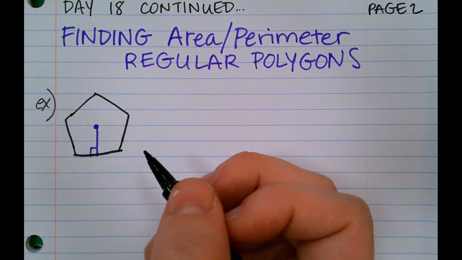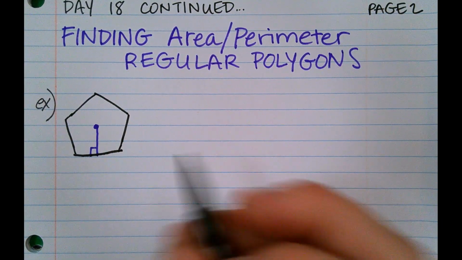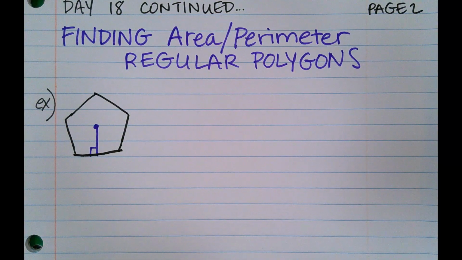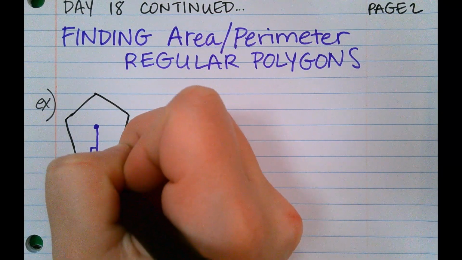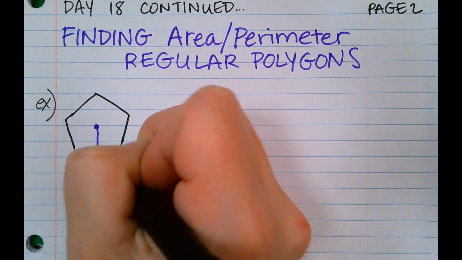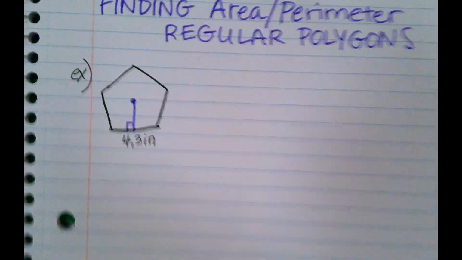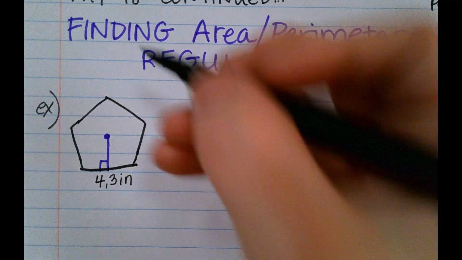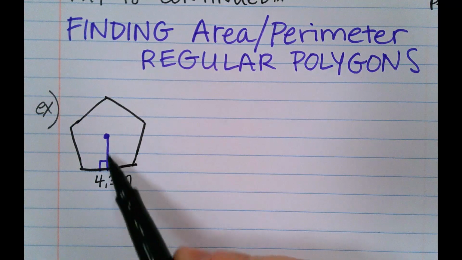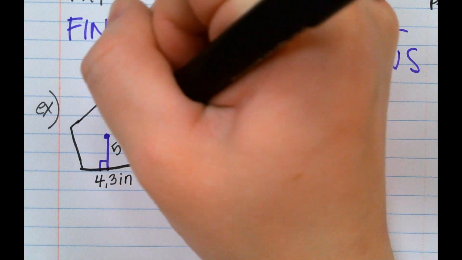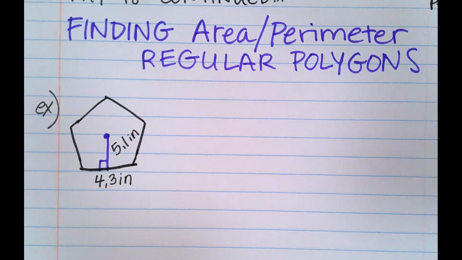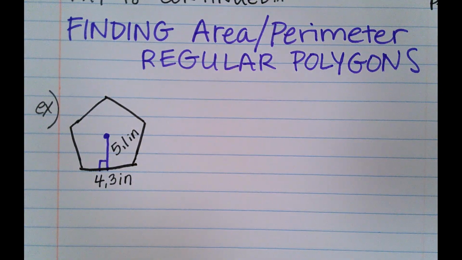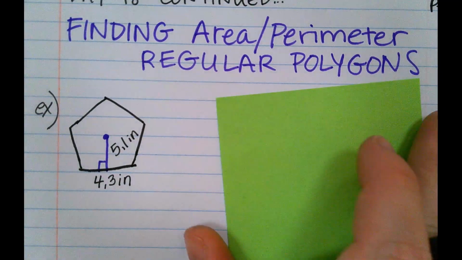Let's say this is 4.3 inches. And let's say this here, my purple line, is 5.1 inches. I'm going to rewrite my formulas on a sticky note so I can move it around.